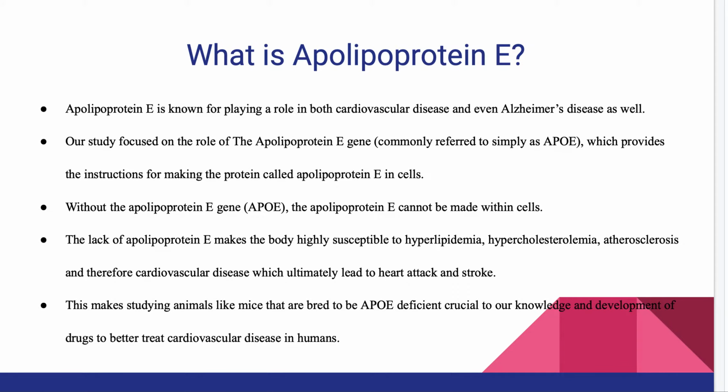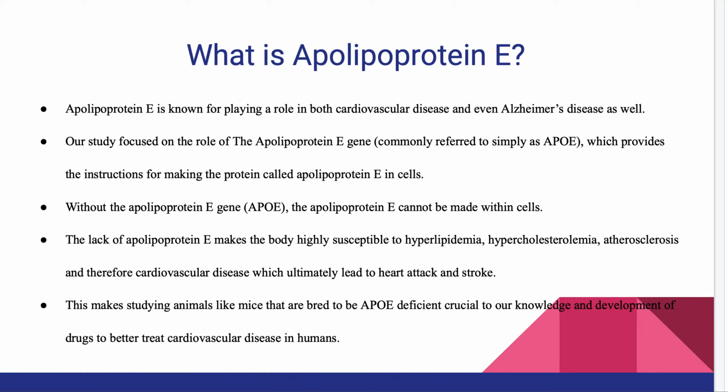So now what is apolipoprotein E? Apolipoprotein E is known for playing a role in both cardiovascular disease and even Alzheimer's disease as well. Our study focused on the role of the apolipoprotein E gene, which is commonly referred to just as ApoE. ApoE provides the instructions for making the protein called apolipoprotein E in cells.